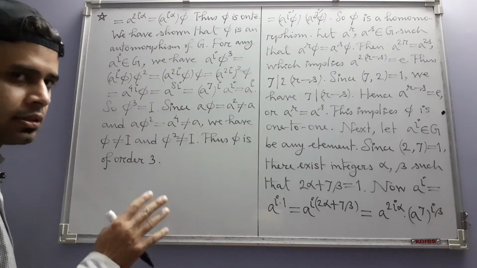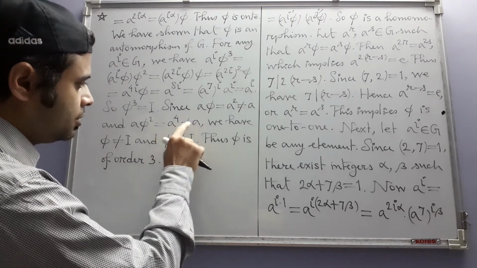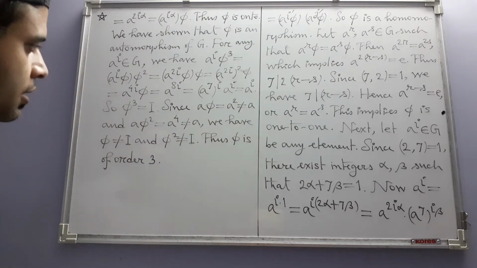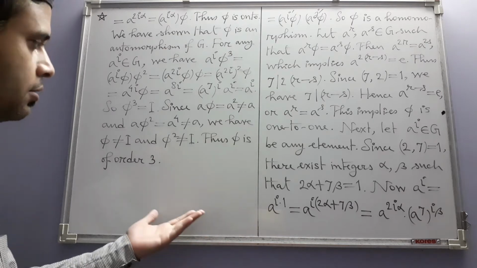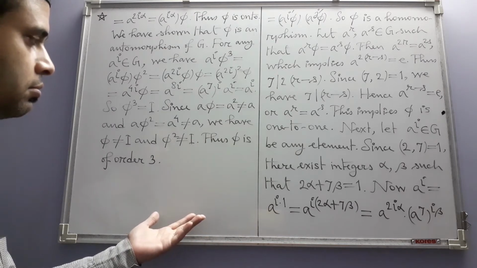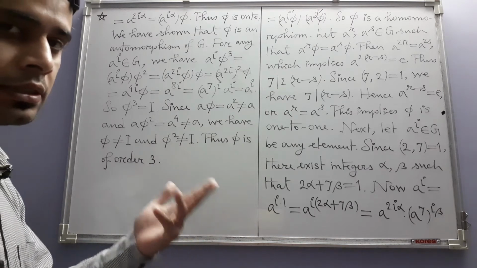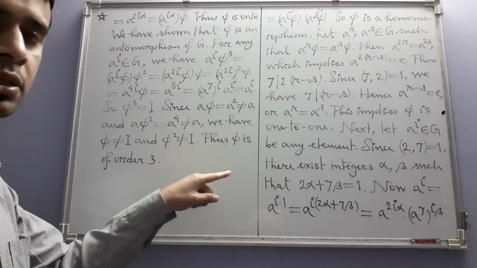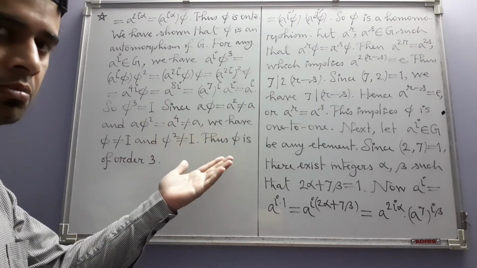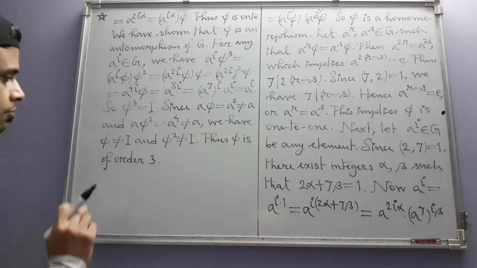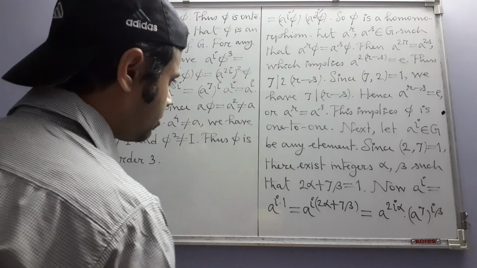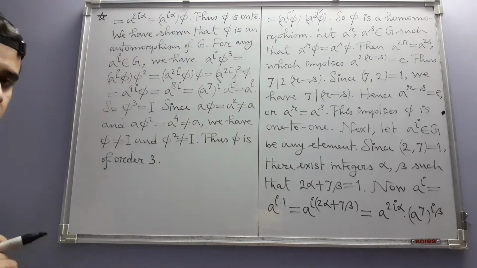For that same reason, that A has order 7, these two cannot be equal, because if they are equal, then A cube should be equal to identity. But that is not possible since the order is 7. So 7 is the smallest positive integer such that the corresponding power of A is equal to the identity. Okay, so we have now shown that phi is an automorphism of order 3.